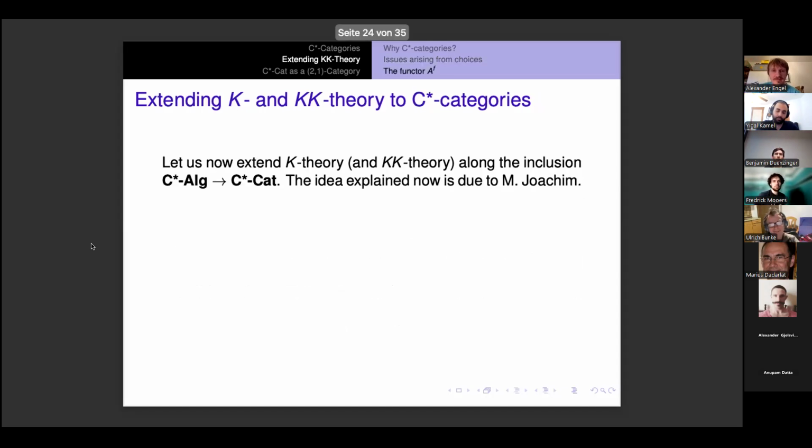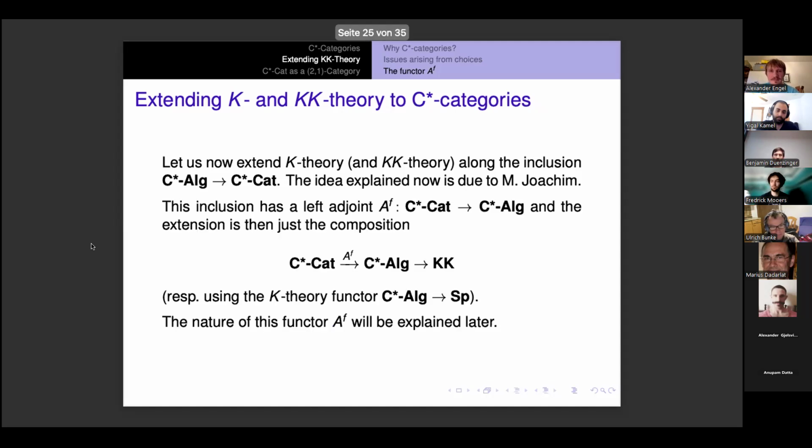No. Okay. So how do we extend K-theory and also KK theory along this inclusion from C-star algebras to C-star categories? The idea, which I will explain to you, is due to Michael Joachim, and this is actually, as you will see, quite easy to state.